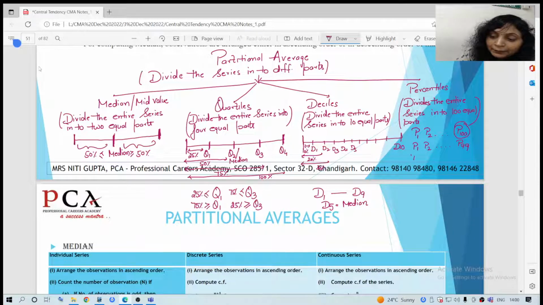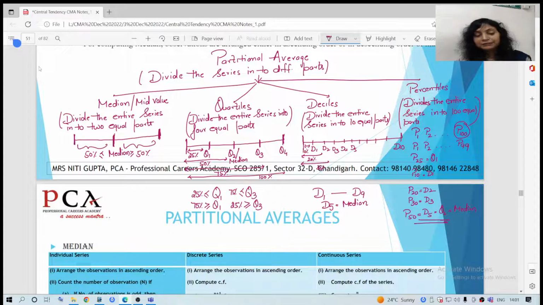So again, P25 is equal to Q1, P10 equals D1, P20 equals D2, P30 equals D3, and we say P50 equals D5, equals Q2, equals median, and so on. So this is basically the concept of percentile.